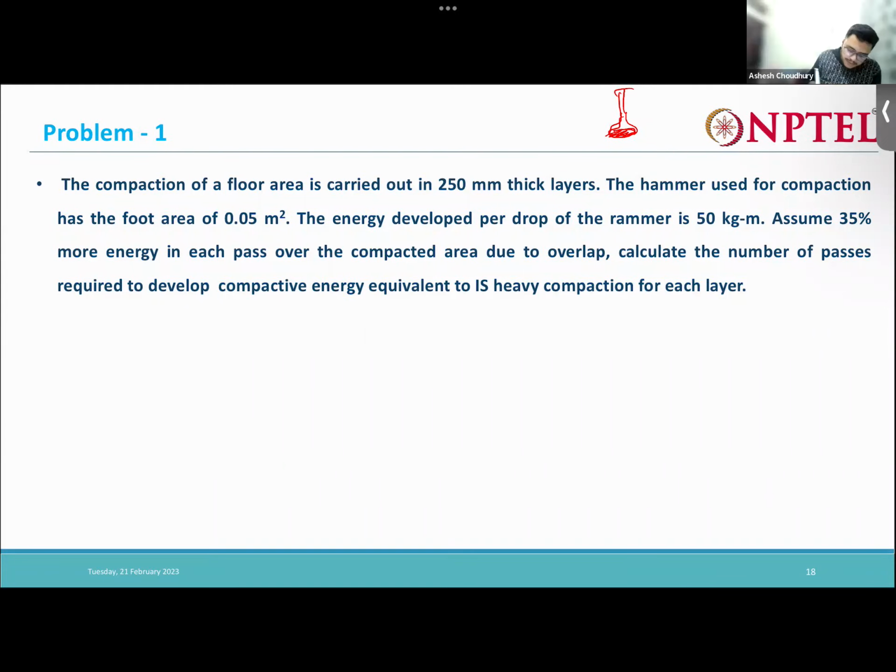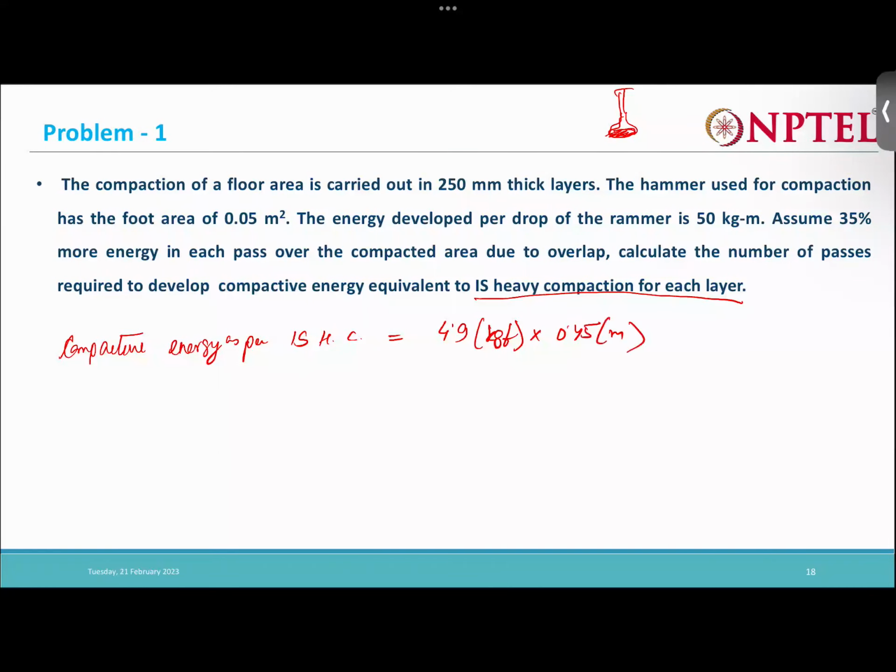So as per IS heavy compaction, the energy is equal to 4.9 kg force into 0.45 meter, which is actually the drop of the hammer.